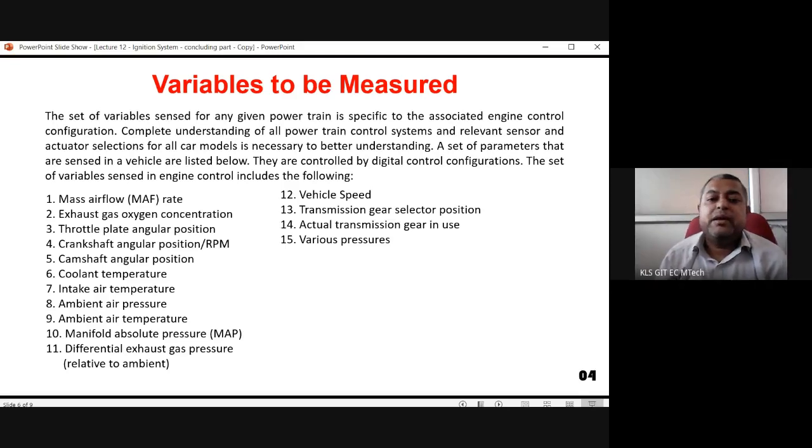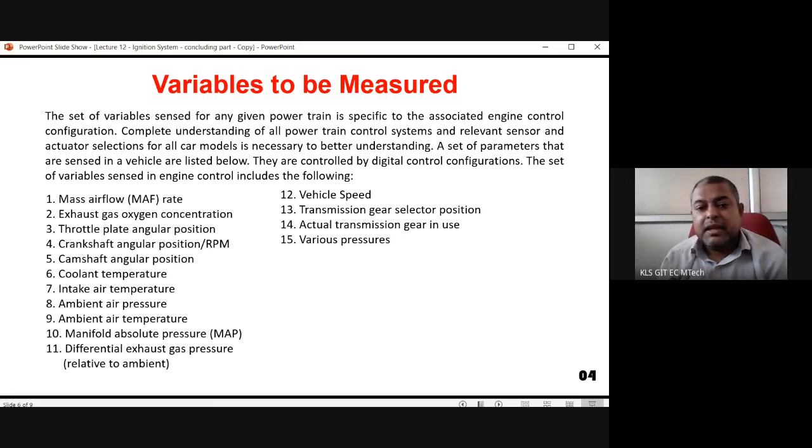So some more parameters: vehicle speed, one of the very important parameters. We can see it in the digital dashboard, the vehicle speed every time, 30, 40, 50, 60, whatever. Gears are changed automatically if it's an automatic vehicle, depending on the vehicle speed. The transmission gear selection position is also sometimes shown on the dashboard: the car is in which gear, first, second, third, fourth.